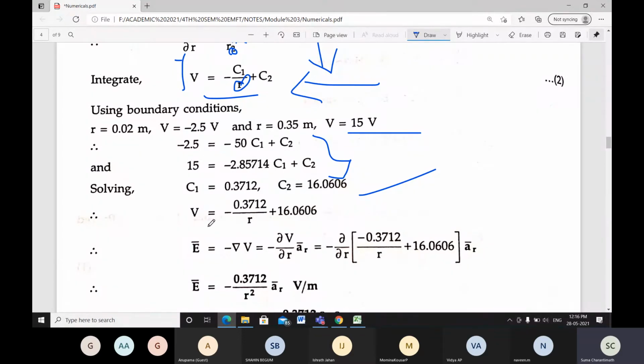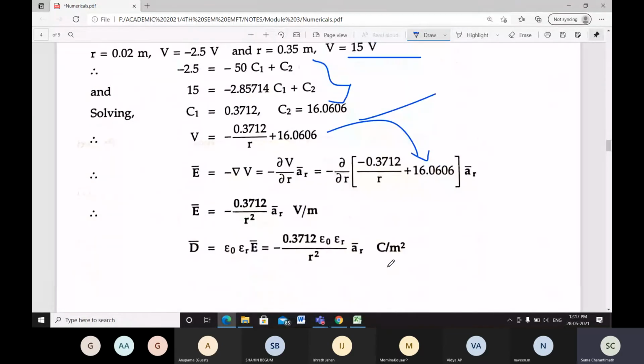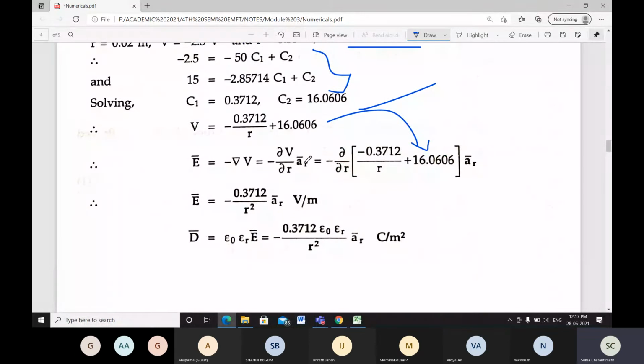If we want our electric field intensity, E is going to be minus del V, that is minus ∂V/∂r into a_r. Substituting V here and differentiating with respect to r, E is going to be 0.3712 divided by r² into a_r volts per meter. This constant will be 0, so no need to worry about that.